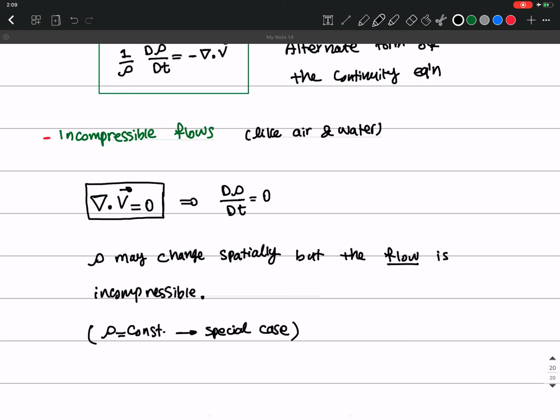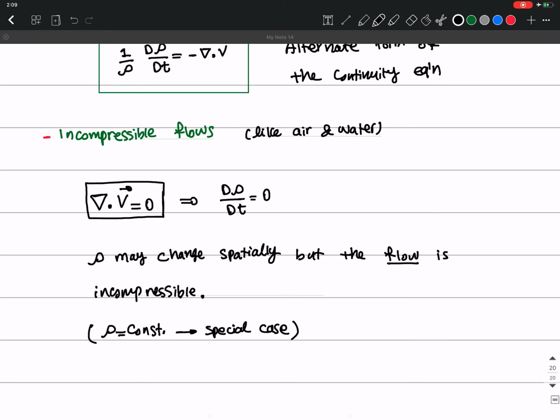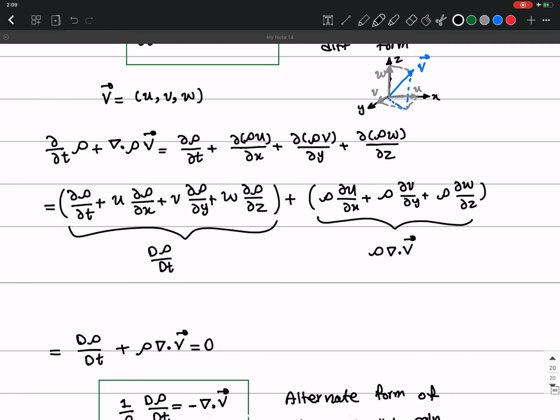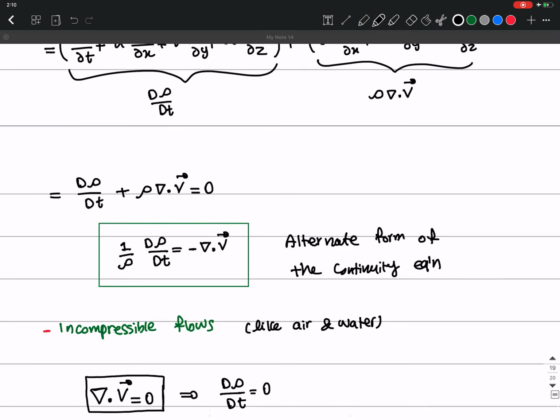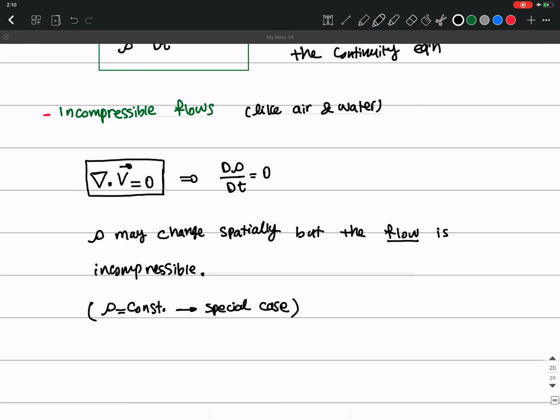So incompressible flows are more than just rho being constant in time and space. Rho may change spatially, like here as I showed, but in total, the total derivative or the material derivative of rho with respect to time should be zero, okay?